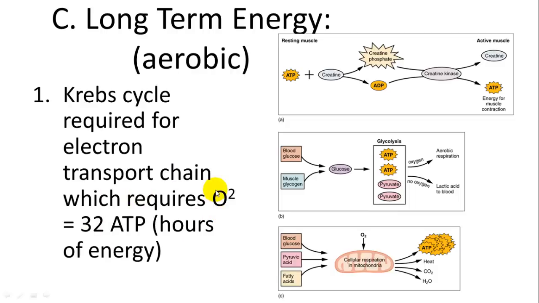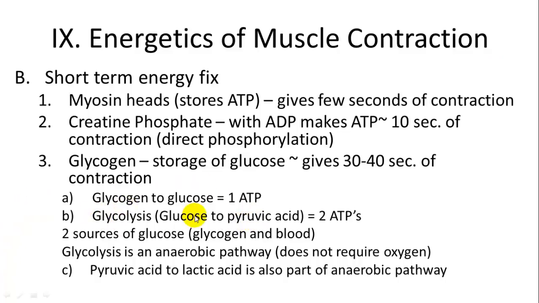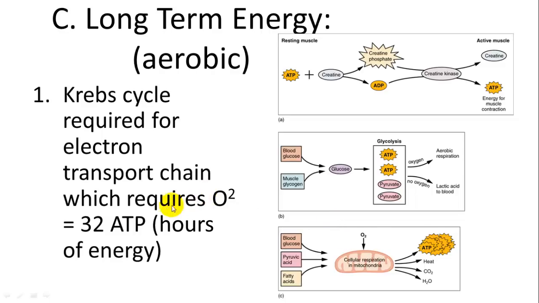There is some point at which you can't make it fast enough, and then you may revert to more of this quick anaerobic process. But for the most part, if you can get enough oxygen and enough glucose, you can break it down for the full 32 ATP from the Krebs cycle and the electron transport chain.